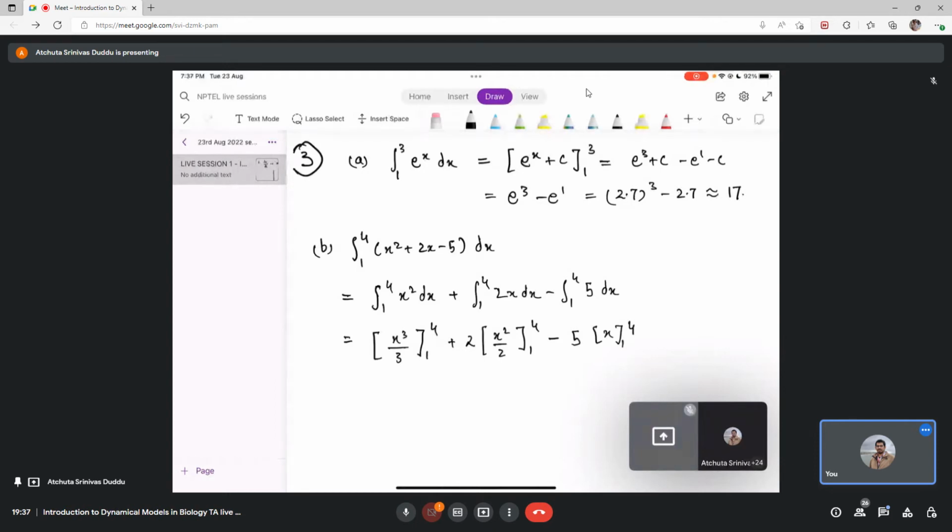So then we have 4 cubed, 64 by 3, minus 1 by 3, plus 2 times 8 minus 1 by 2, minus 5 into 4 minus 1.